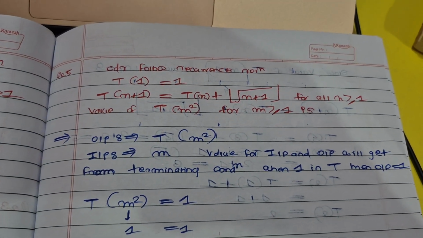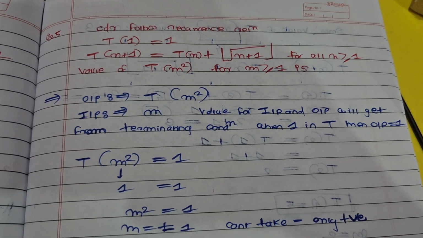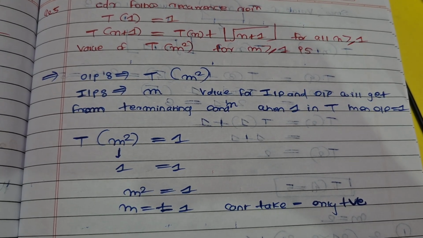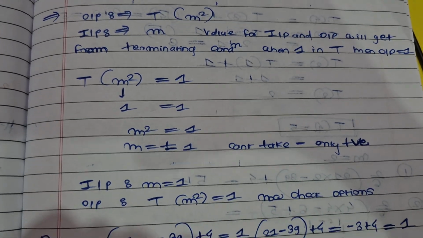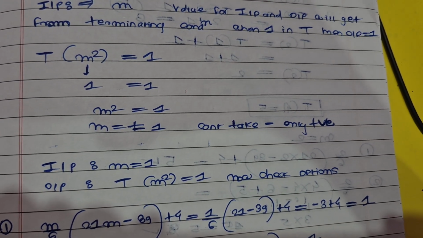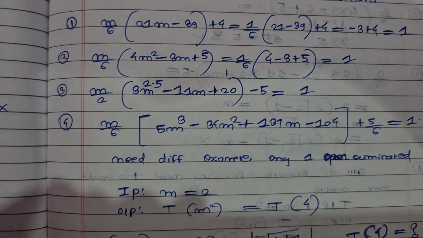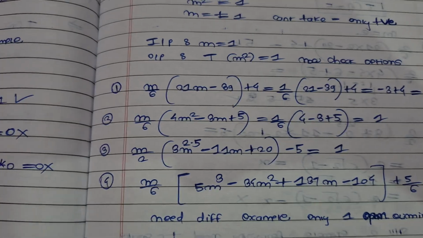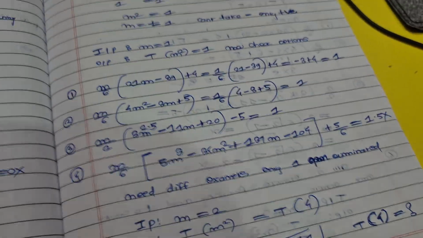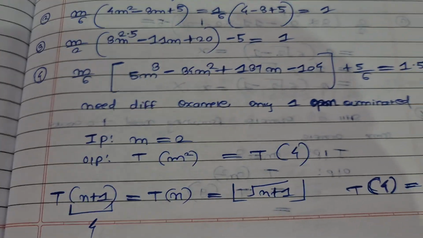Here, consider the following recurrence relation. M square, input is m again, and we can't take a negative value, only positive, so m equal to 1. Output is this. Now check the options with these values, and if you are getting multiple correct options, then you need to take a different example and see.